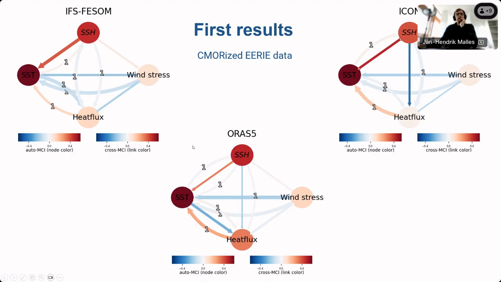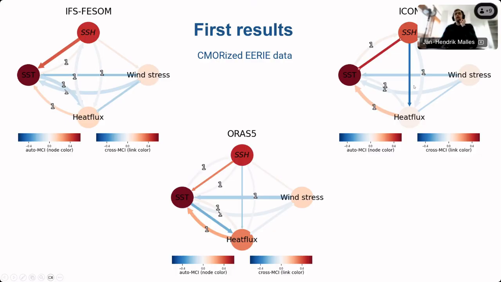Another thing that is interesting individually for these models is that, for example, IFS-FESOM exhibits this link from SSH to the wind stress, which we also would have expected from theory, that this higher SSH, as a proxy for the anticyclonic eddies, increases the wind stress or the wind speed.